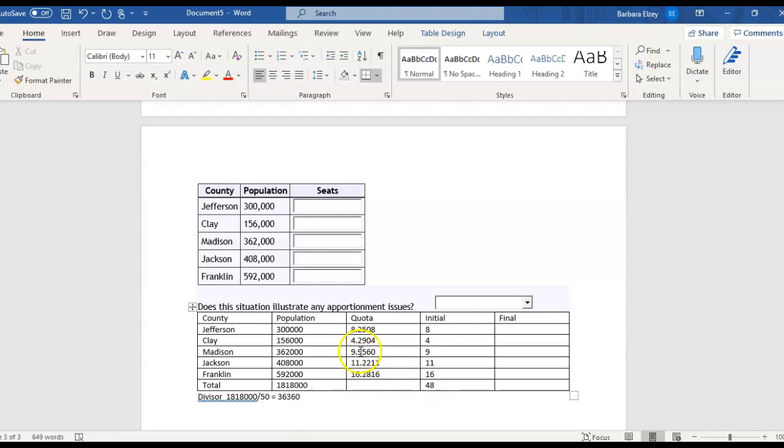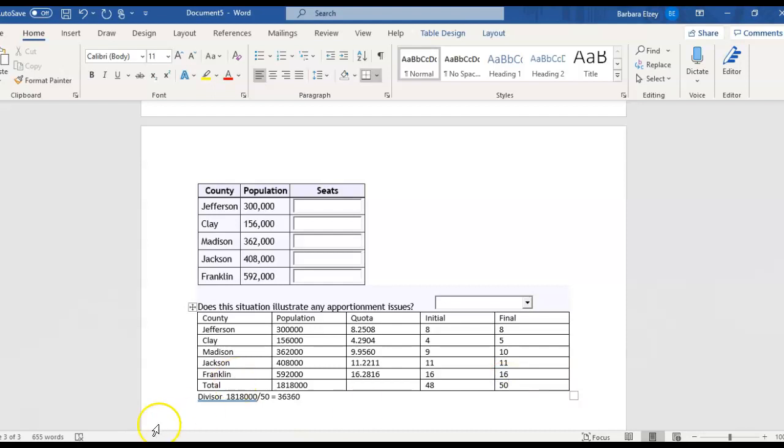The biggest decimal is Madison, so Madison is going to get an additional seat. And the next biggest decimal is Clay, so Clay will get an additional seat. And then everybody else will remain the same. And now we should have our 50 allocated.